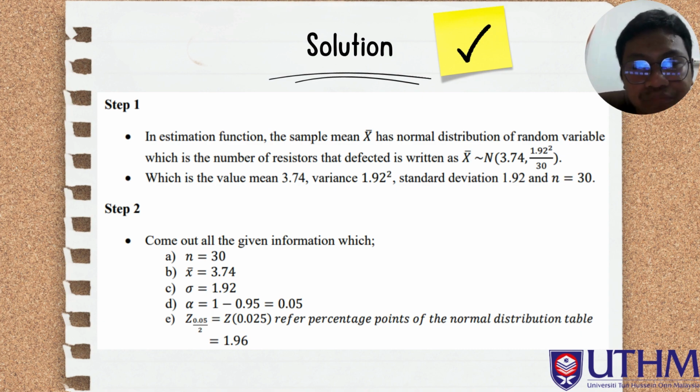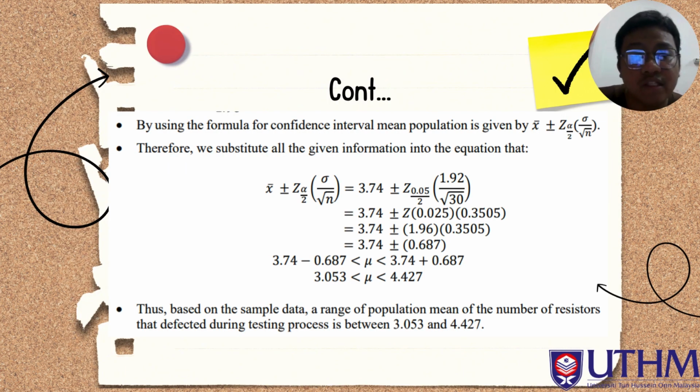The z value is z of alpha divided by 2, so we get 0.025. By referring to the percentage points of the normal distribution table, z of 0.025 is 1.96. Okay, continue for the solution.